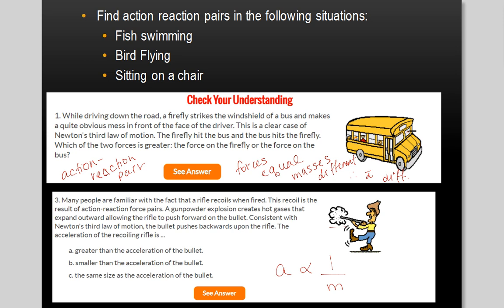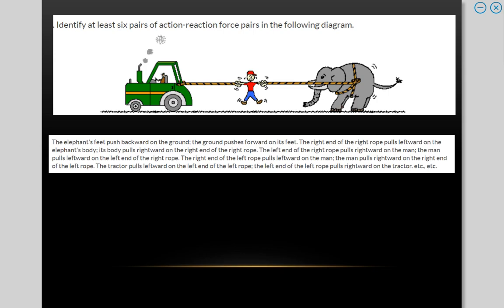Because it has such small mass. But the rifle's much heavier, so that same force doesn't affect the rifle as much, but it affects the bullet a lot more. So that would be C. Oops, my bad. Smaller. Okay, let's move on.